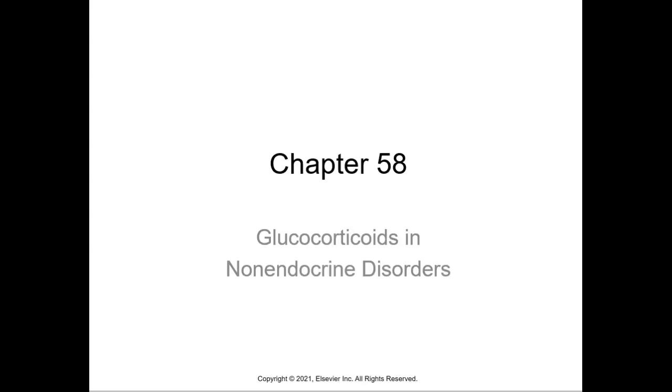The first thing that Laney's goes through to review with you is how our endogenous glucocorticoids, our own cortisol, affect us physiologically. And then how is that affecting our body when we give it exogenously from a pharmacologic perspective, right?